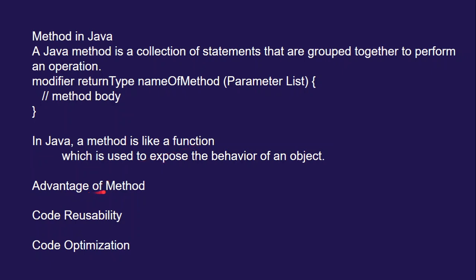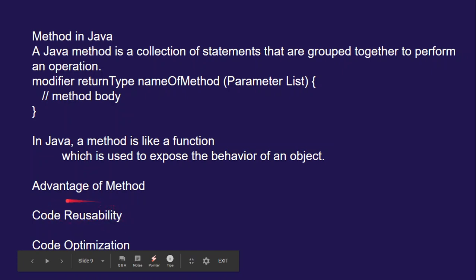And what is the advantage of these methods? Because we are using methods, we can reuse the code, and in this way we can optimize the code also. One code is written for a function. If the same function is needed in some other situation, we can use the same function. That is the advantage of methods.